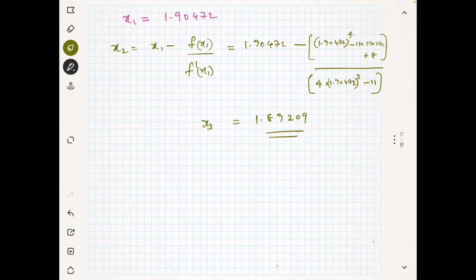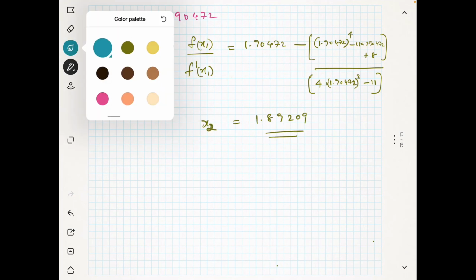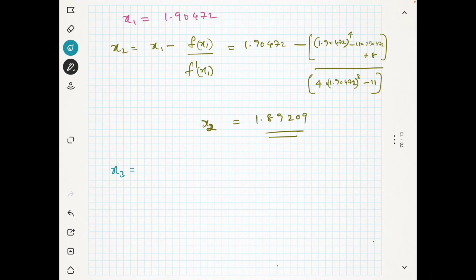That is x2. Now you will find x3. x3 is equal to x2 minus f of x2 divided by f dash of x2, which is 1.89209 minus f of x2.